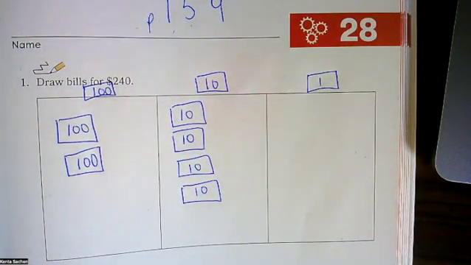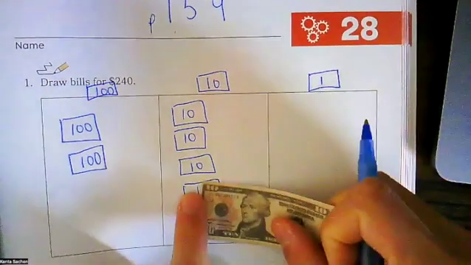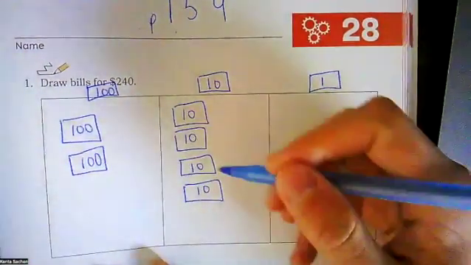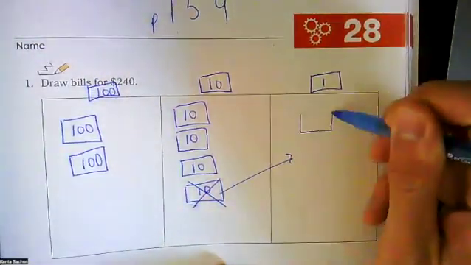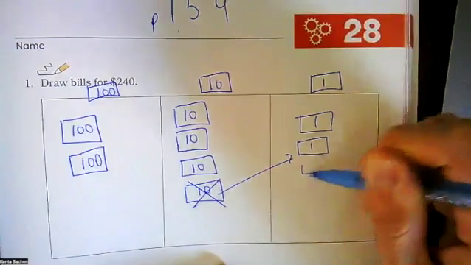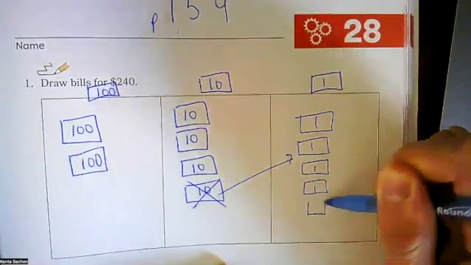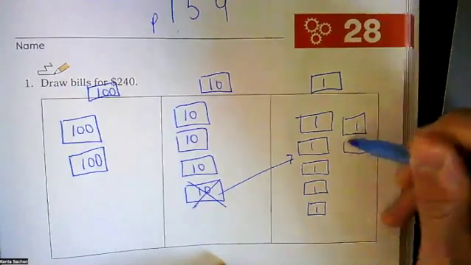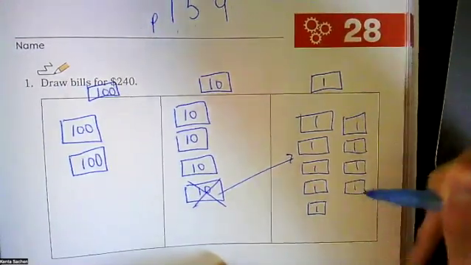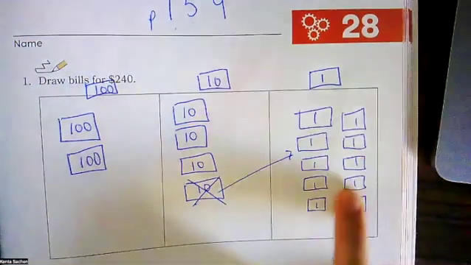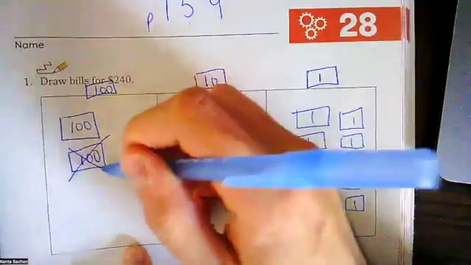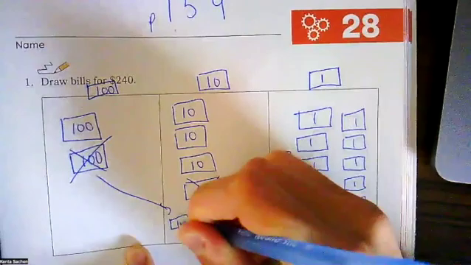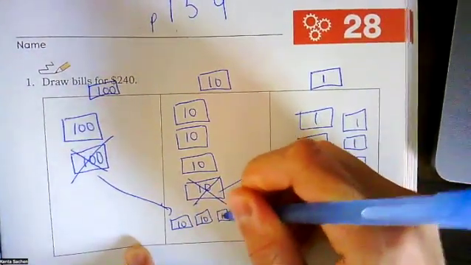Now remember, you don't need to write this, but instead of using a $10 bill, I could also use 10 $1 bills. Because remember, 10 $1 bills is the same as one $10 bill. I could also, instead of using a $100 bill, use 10 $10 bills.